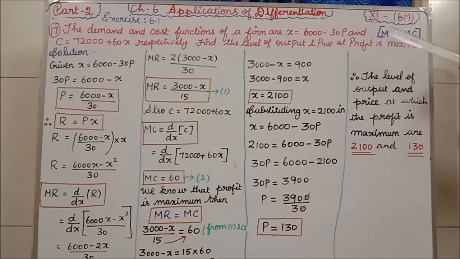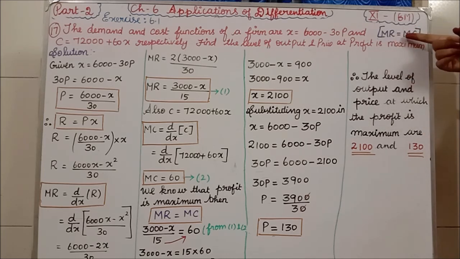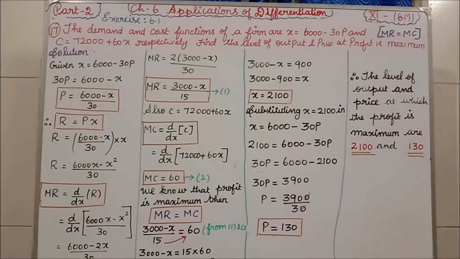When profit is maximum, the formula to apply is marginal revenue equal to marginal cost. Similarly, another result we have seen: when average cost is minimum, marginal cost is equal to average cost. Here they are talking about profit, so profit is maximum when marginal revenue equals marginal cost. Clear, all of you?